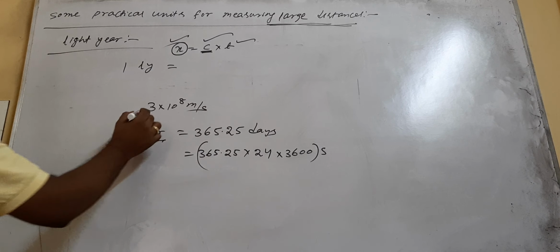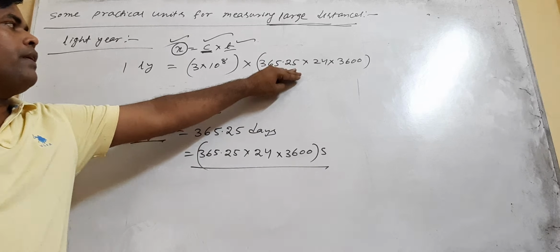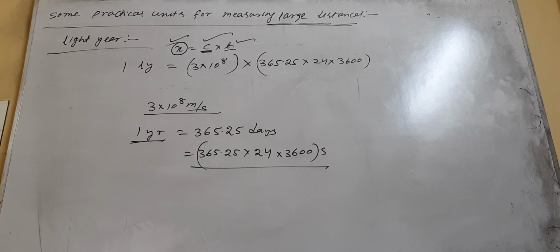Speed of light is 3 into 10 to the power 8, into the time 1 year, that is 365.25 into 24 into 3600. It's the speed of light in vacuum and it is the time in second. Here we have converted year to second.